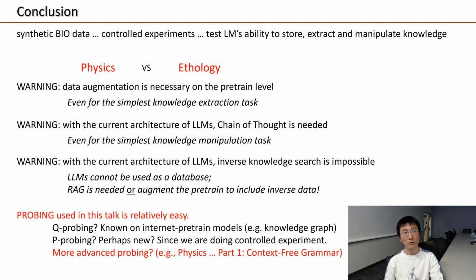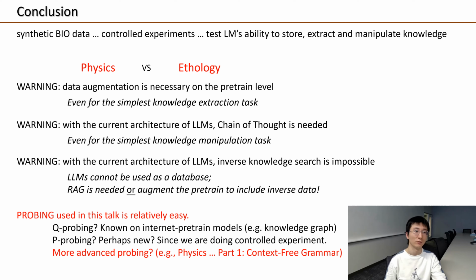In the talk, I also showed you some probing, but the probing in this talk is relatively easy. Q probing is a known technique, especially as some people do Q probing on internet pre-trained models such as Llama to test, for instance, whether the birthday is stored on the person's name and so on.